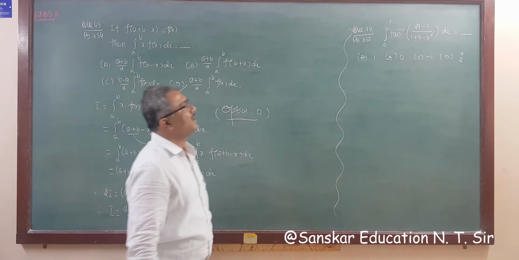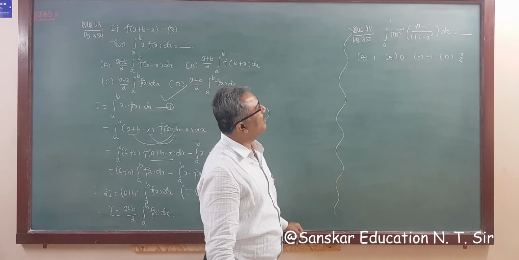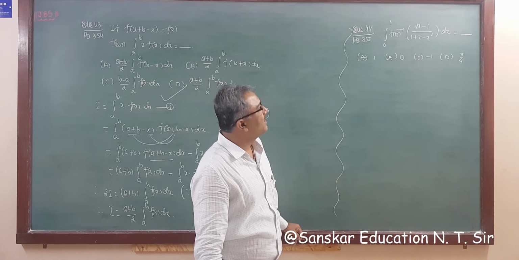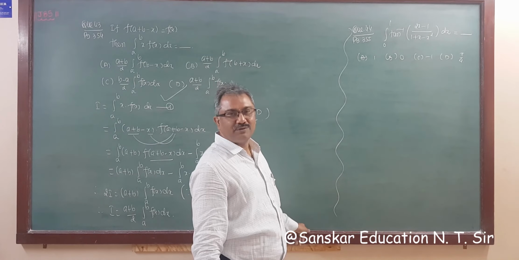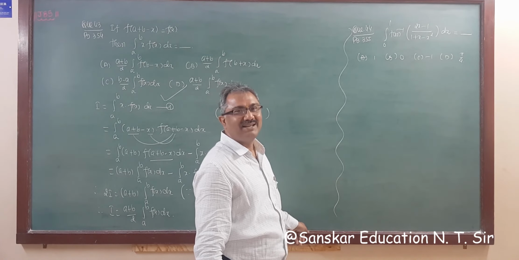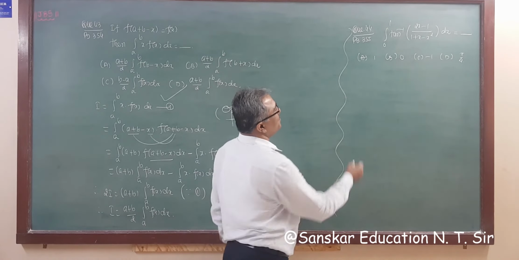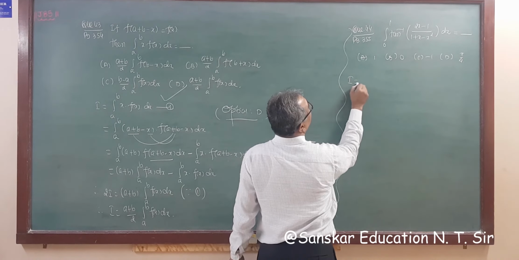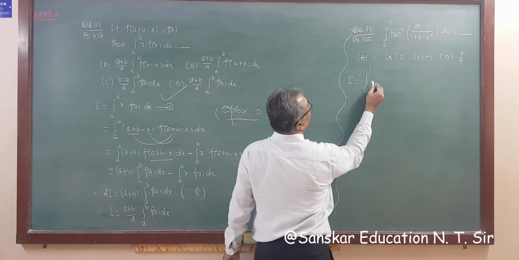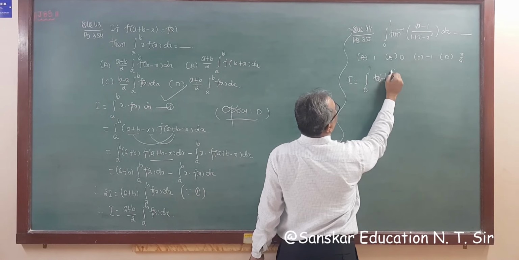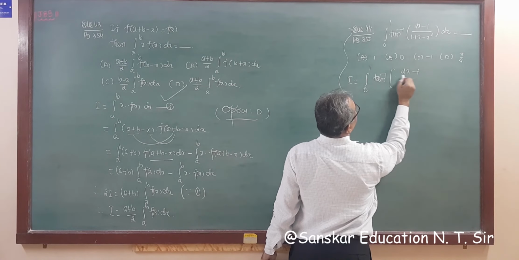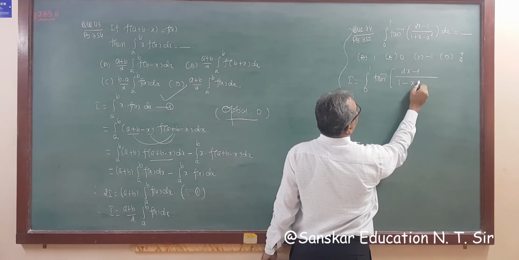Now this is tan inverse of twice x minus 1 upon 1 plus x minus x square. Not a single formula is directly applicable, and if you wish to simplify this by u into v, you can, but I am not going to apply that method. Integration 0 to 1, tan inverse of twice x minus 1 whole upon 1 minus, I am taking x common.